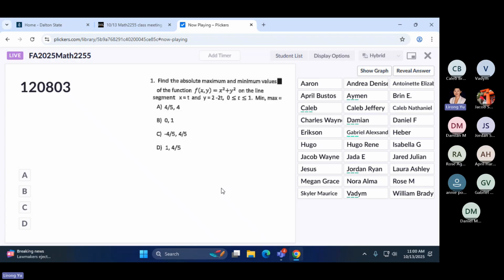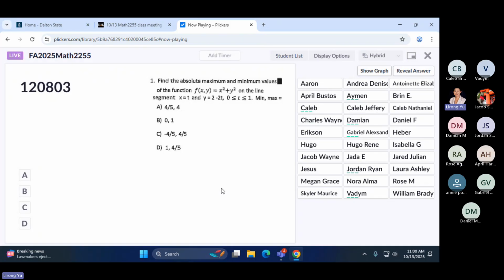You can also convert it into a one variable function. Since x equal to t, y equal to 2 minus 2x, and x between 0 and 1. So then there's the equation of the line indicating the fundamental relation between x and y.